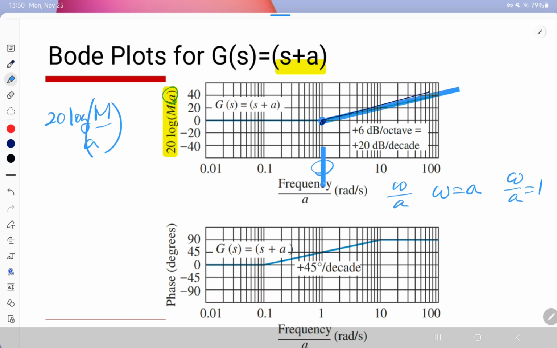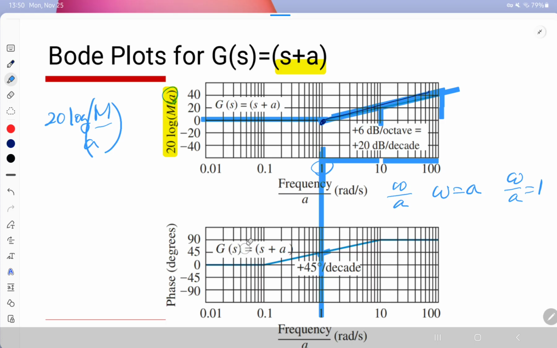1, that is 20, that is 40. So every 10, you increase by 20 dB. 100, you increase by 40 dB. And that is looking like this. And something interesting happens at that frequency, exactly 45 degrees.